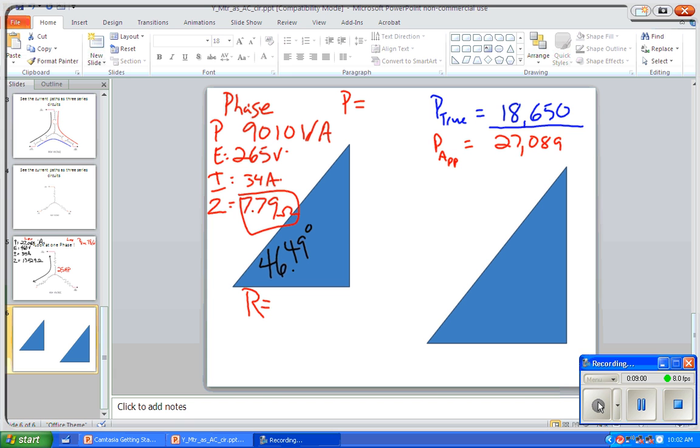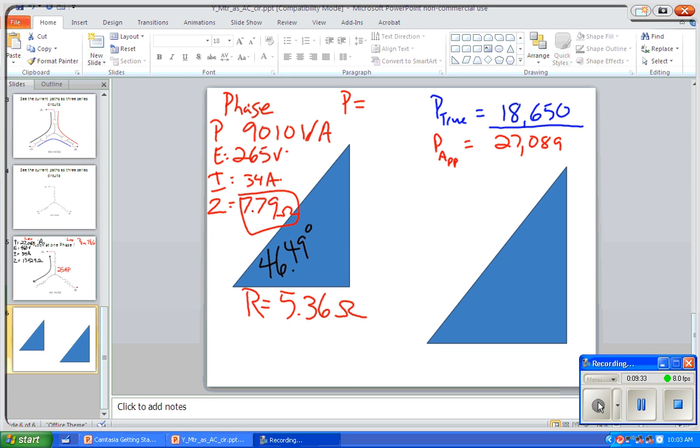The cosine of this thing is 18,650 divided by 27,089, right? And the cosine times the hypotenuse will give us the adjacent, right? So let's multiply 7.79 times 18,650 and divide by 27,089. What would we get? 5.36. Okay, that's a good thing to know.